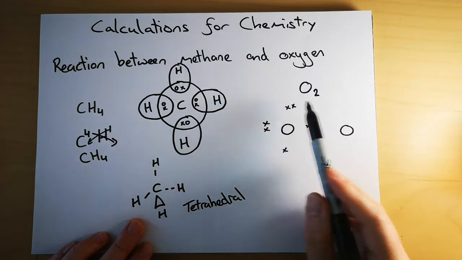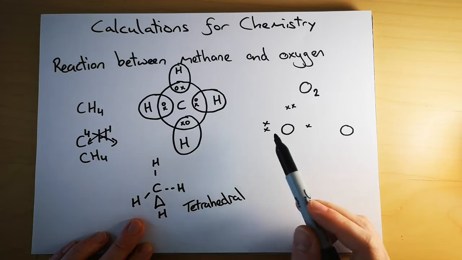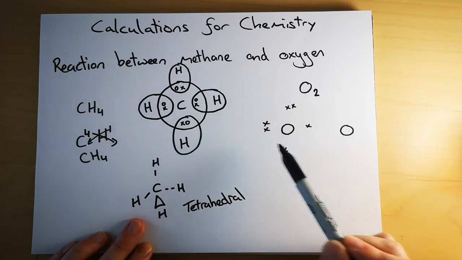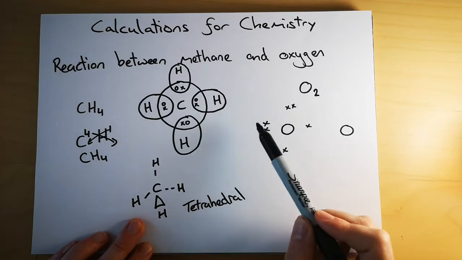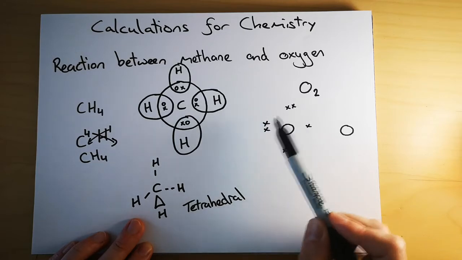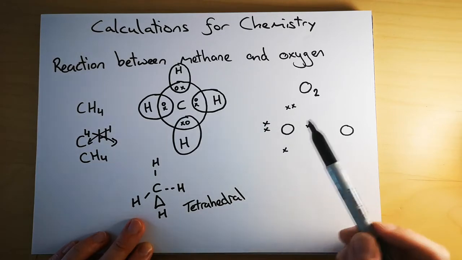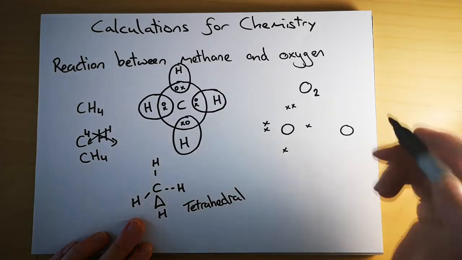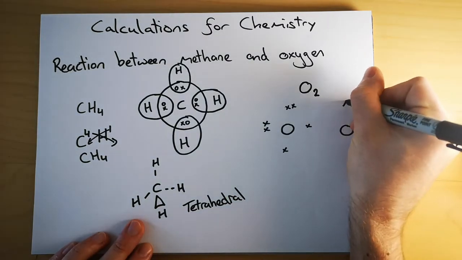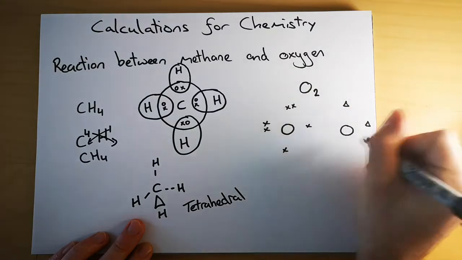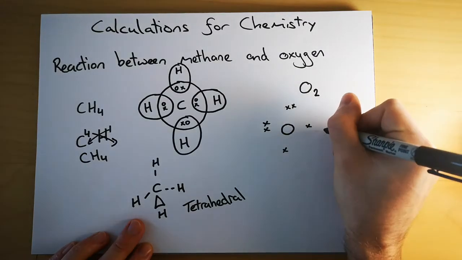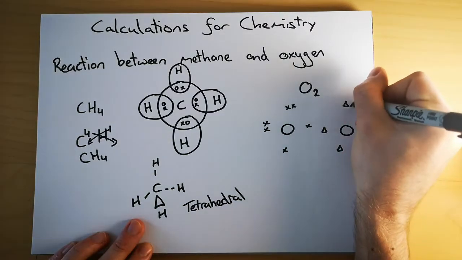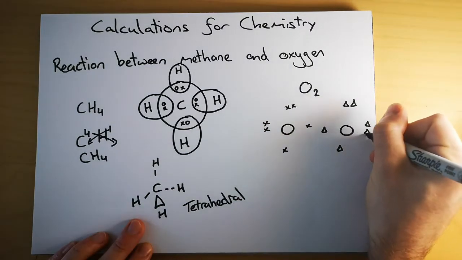Now what you'll notice is I didn't do that the right way round really, but I know that I'm going to have to make a double bond here, so I've put these two in the corner. Once again, a little bit of cheating, you might have to do it the full way and think through it first. And with this oxygen, we've got 1, 2, 3, 4, 5, and 6.